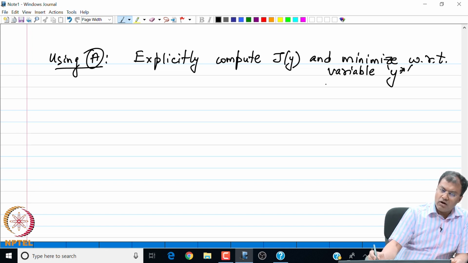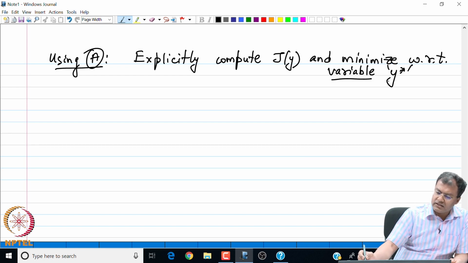Notice now we are not doing a functional optimization, but we are doing an ordinary function optimization. So we use the standard first derivative, second derivative tests to find the quantity y star which minimizes our function.